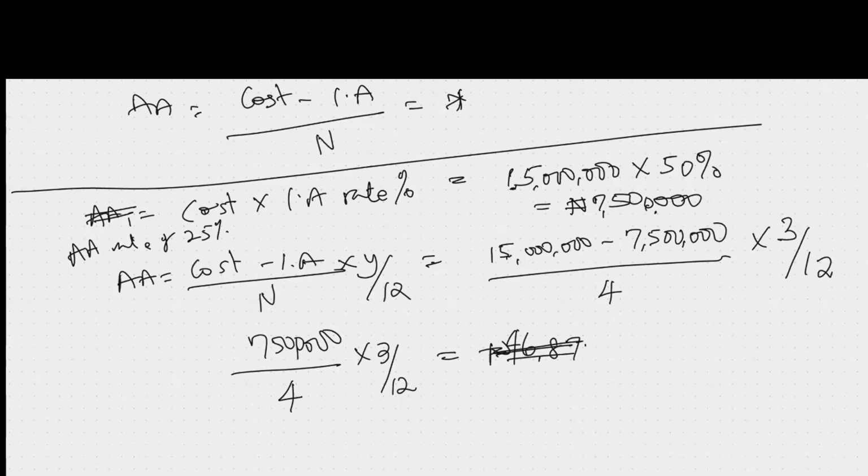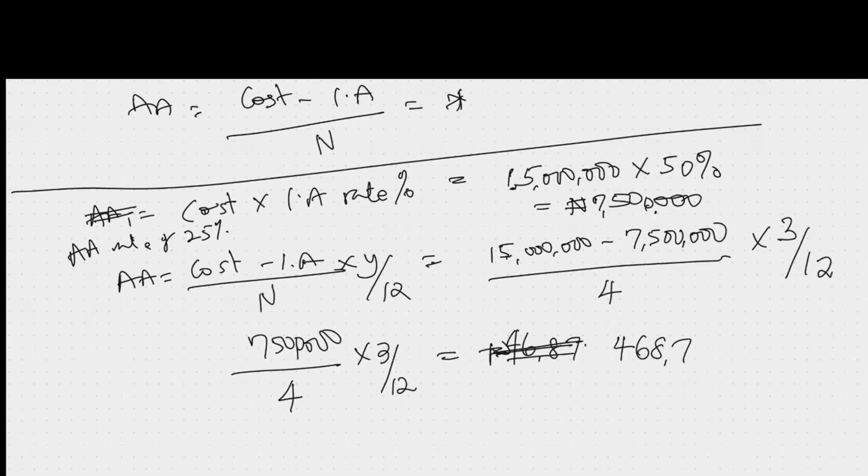First is the 750. 468,750. Okay, thank you. 468,750. This is your annual allowance.